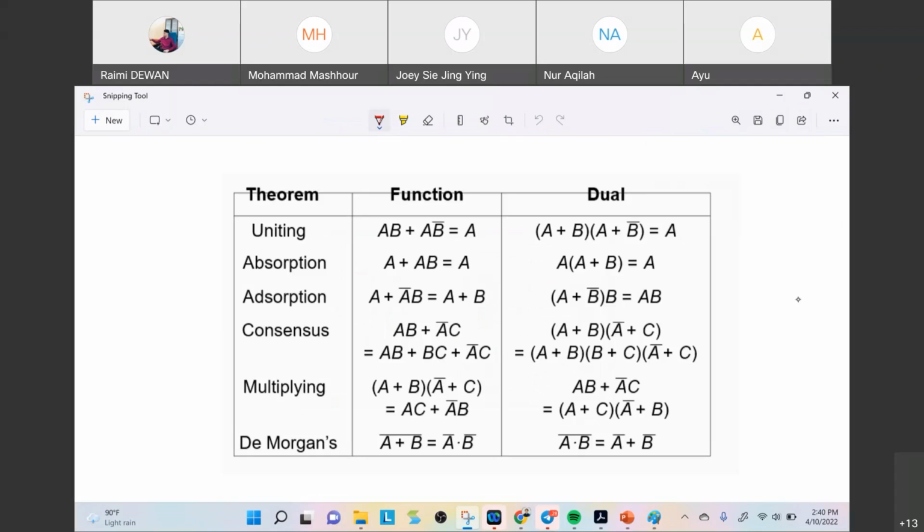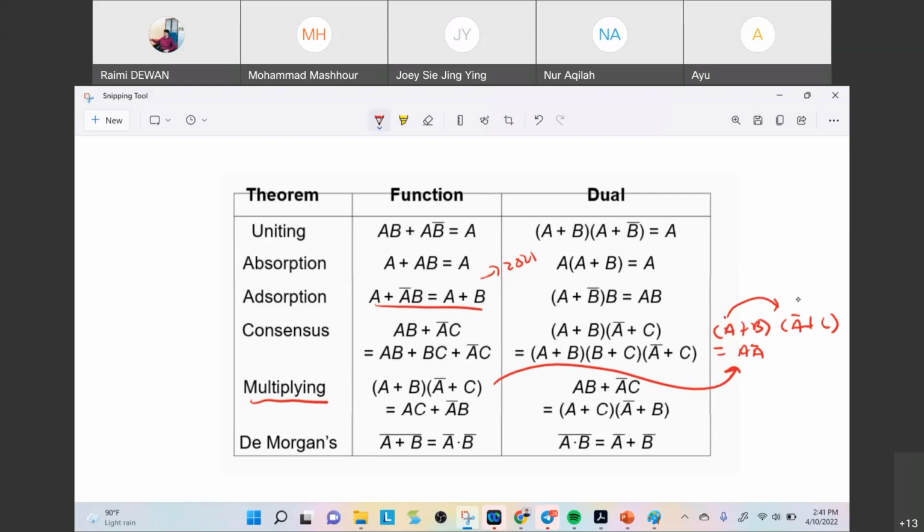Okay. So this one is absorption. Please look at my 2021 lecture, I already touched on this. Okay, this one is multiplying. This is just like what you did in your mathematics. A plus B, A plus C. Then expand. A, expand again, plus AC, expand again.